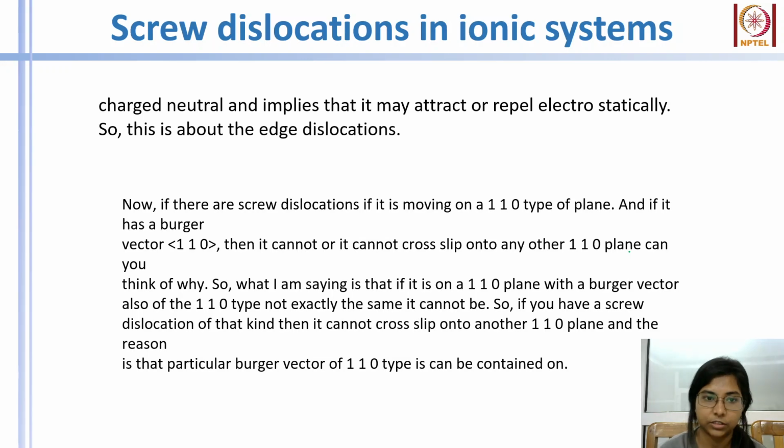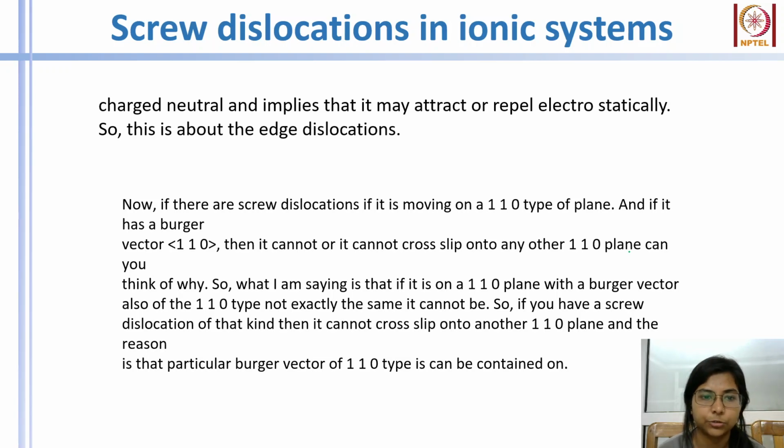The basic difference between the edge dislocation and the screw dislocation is that in a screw dislocation the displacement is in plane, and in an edge dislocation it is out of plane. So if a screw dislocation is moving on a 110 type of plane and has a Burgers vector in the 110 direction, then it cannot cross slip onto any other 110 plane, right?